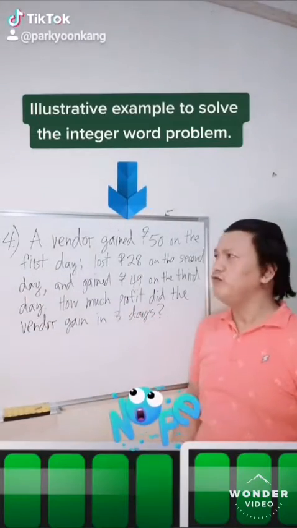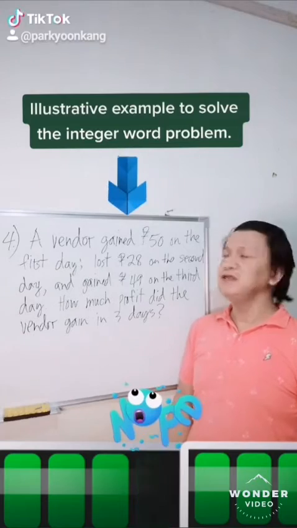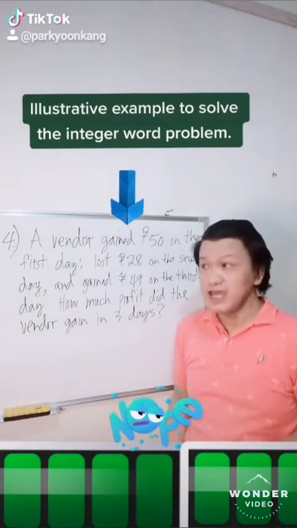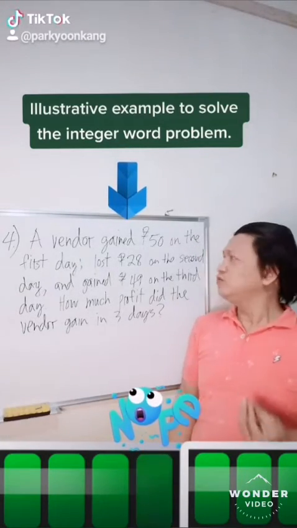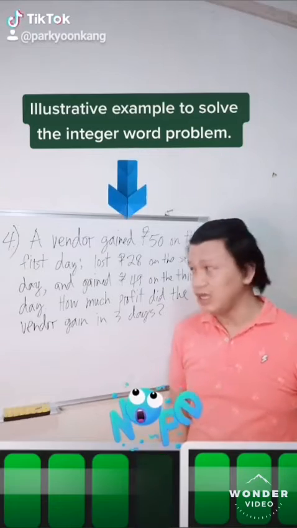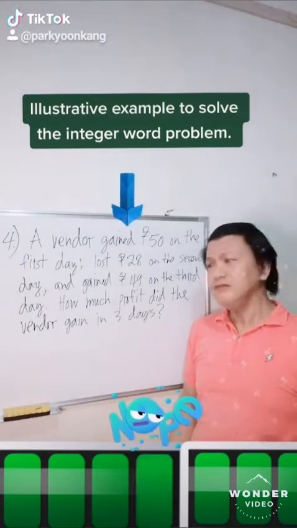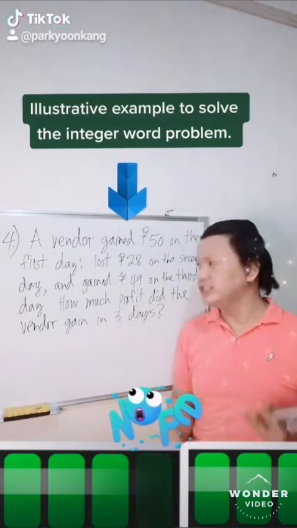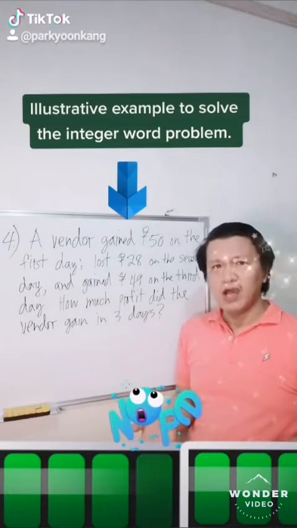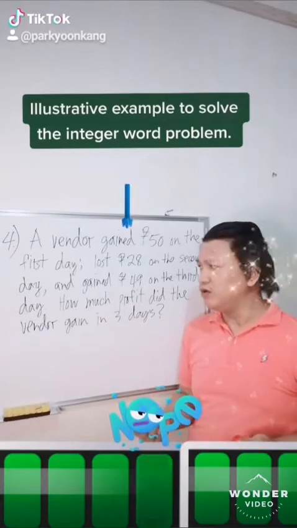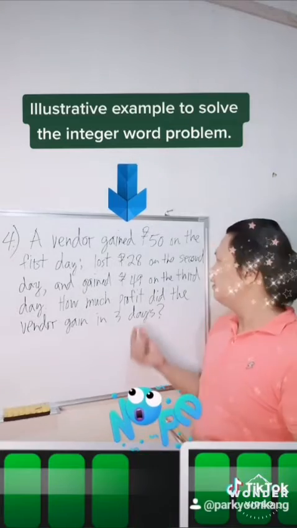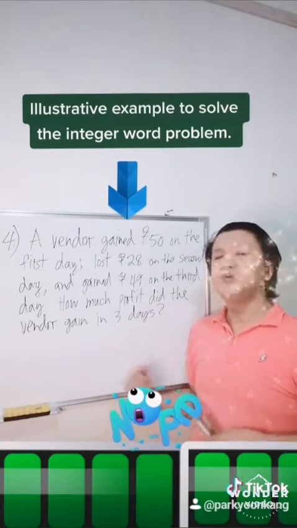Let's do another problem, number 4. A vendor gained 50 pesos on the first day, lost 28 pesos on the second day, and gained 49 pesos on the third day. So now, how are you going to answer the given question? How much profit did the vendor gain in 3 days?